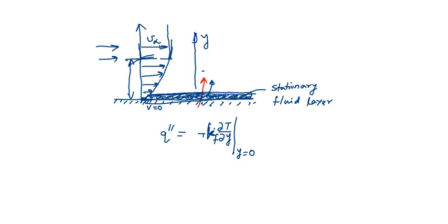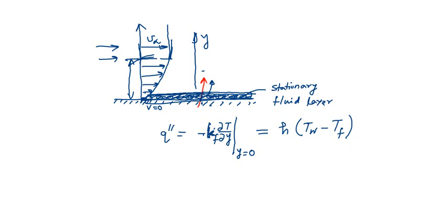So this heat flux can also be written as simply h into T wall minus temperature of the fluid. So we can also write the heat flux in this way using Newton's law of cooling. So this quantity has to be the same as this quantity.